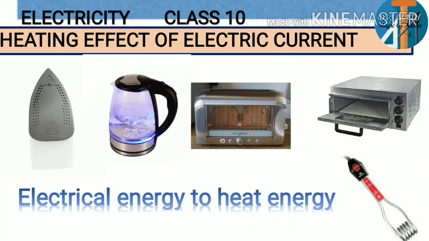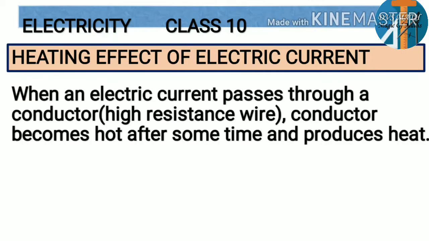Here you can say that when electric current passes through a conductor, consider it a high resistance wire, there is a conflict between the resistance and the flow of charges. As you know, resistance means resisting the flow of charges.